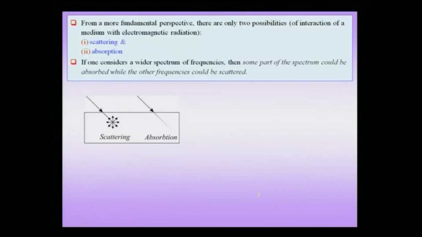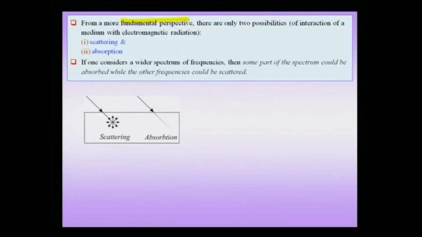But suppose I consider this whole process of interaction of electromagnetic radiation with matter from a more fundamental perspective, there are only two possibilities of interaction of a medium with electromagnetic radiation. One is scattering, another is absorption, and transmission can be thought of as a forward scattering phenomenon. So, you send electromagnetic radiation, a ray or a wave, into a medium, and there could be scattering or there could be absorption.